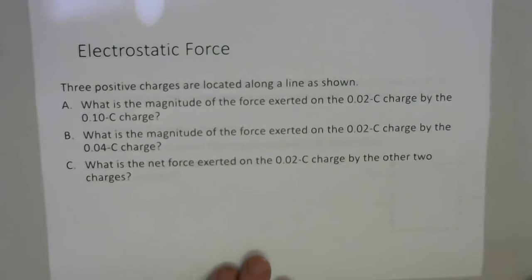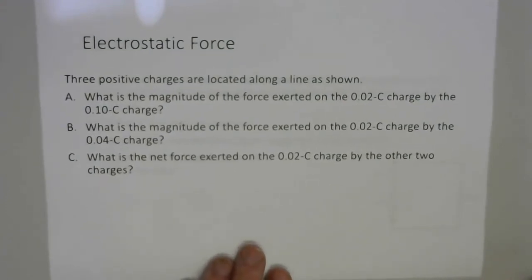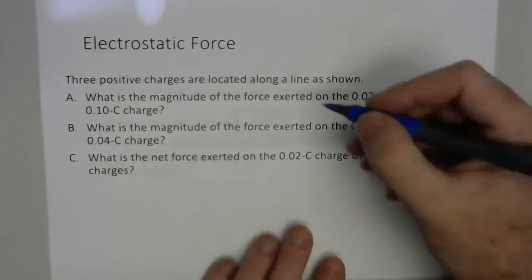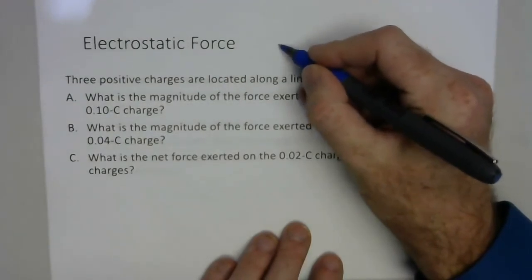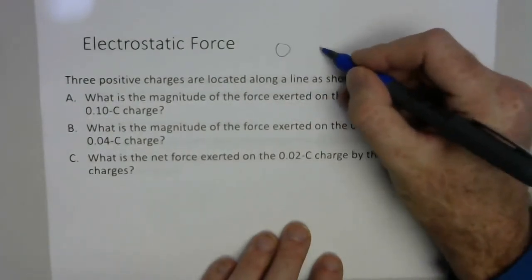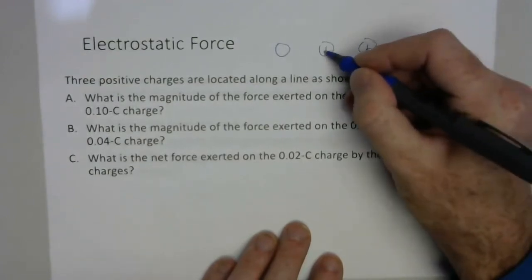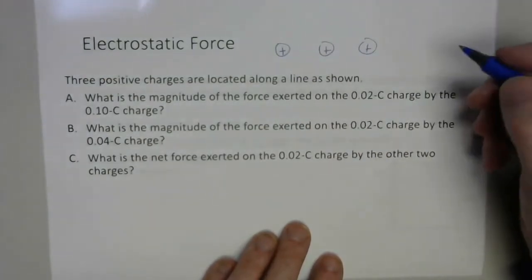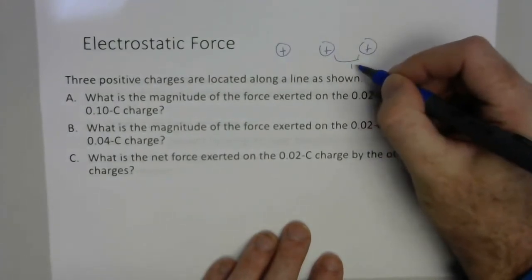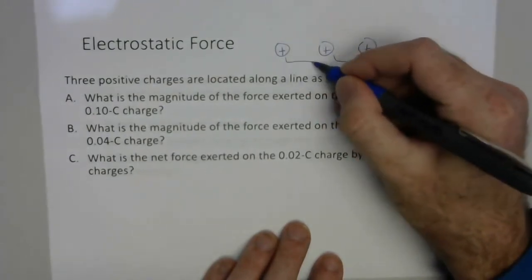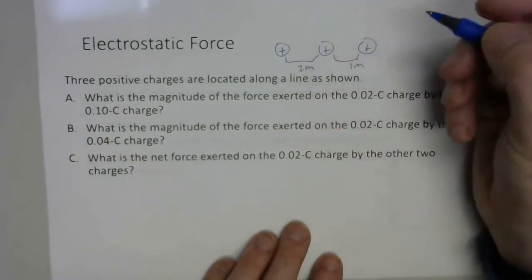Next, we have a slightly more complex problem. We've got 3 positive charges in a line. And so they're all positive charges, which again means they're all going to repel. The distance here is 1 meter. The distance here is 2 meters.